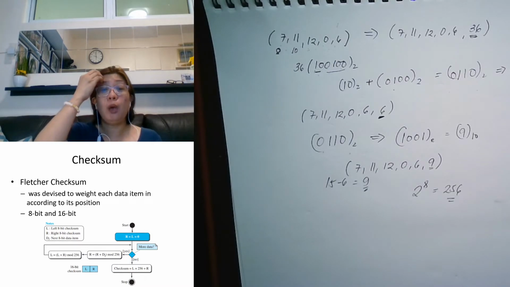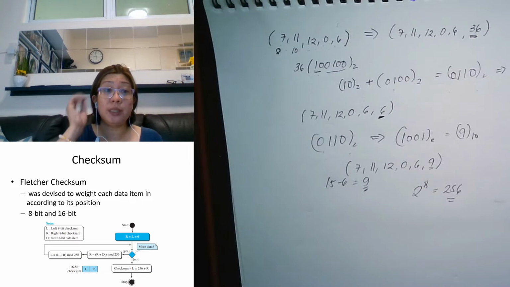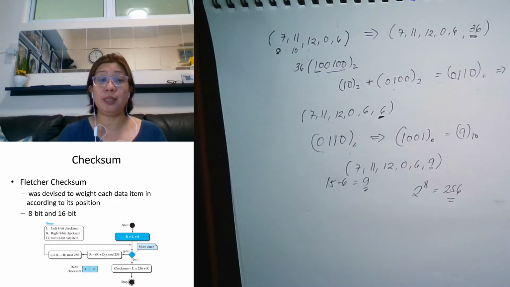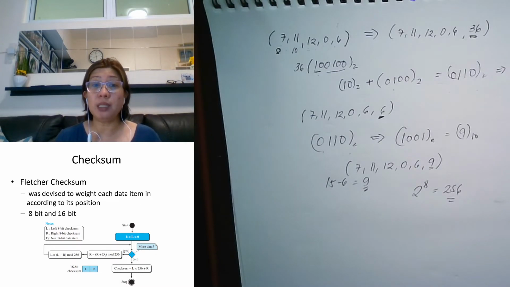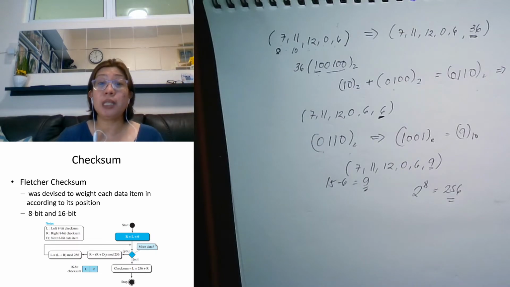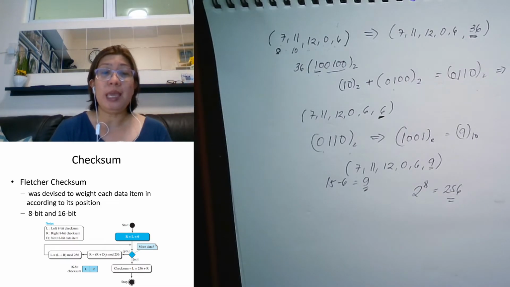The same is true with the 16-bit. The only difference is that a 16-bit calculates on 16-bit data items and creates a 32-bit checksum.